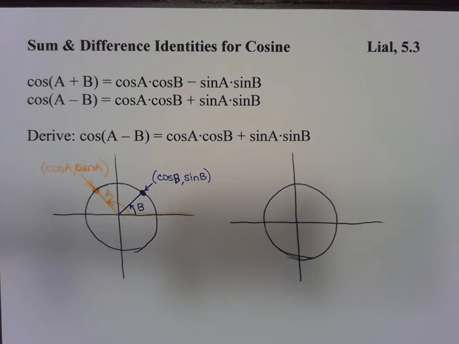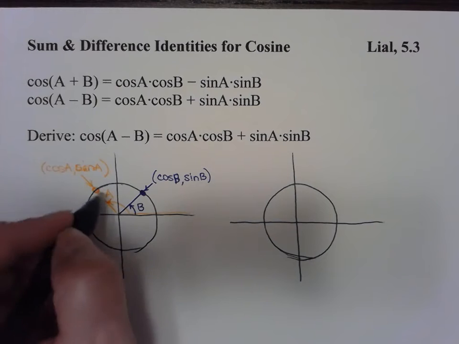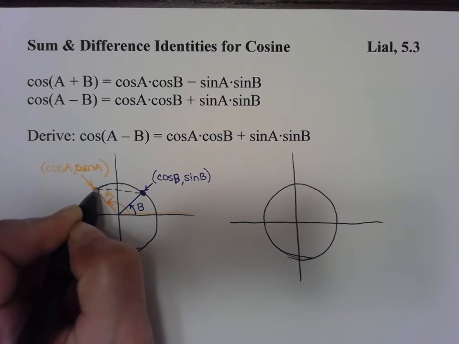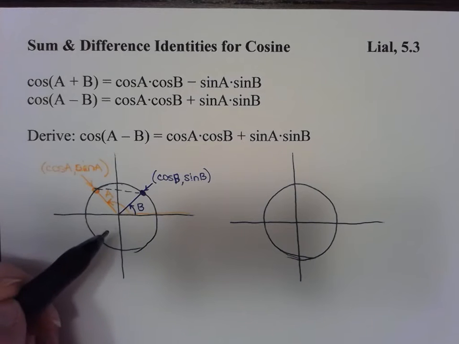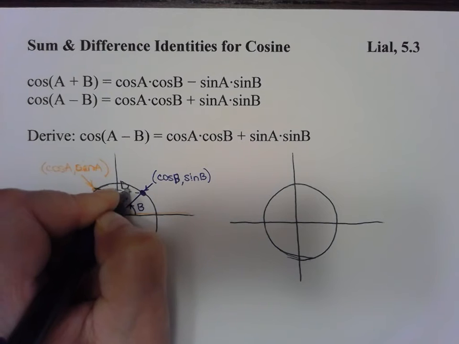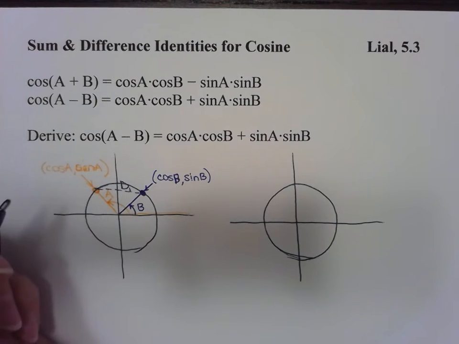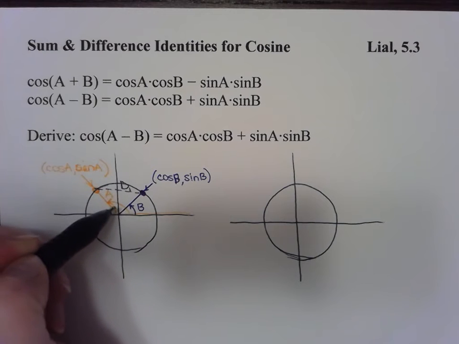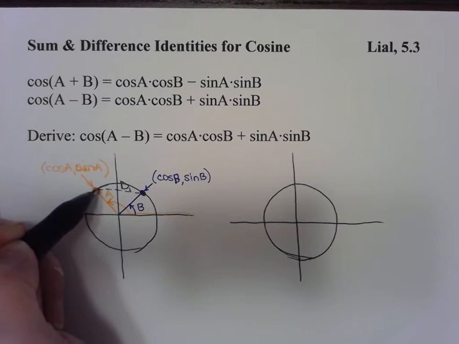We can mark the distance between these two points, and we're going to call that distance number 1, D1. Think of this almost like a triangle.